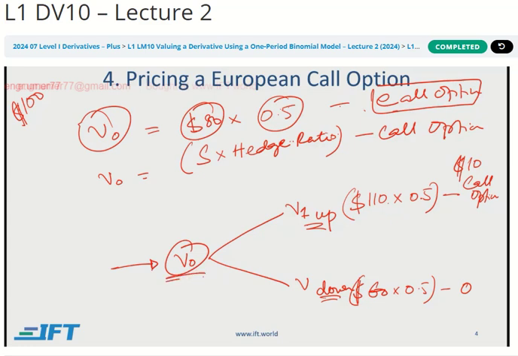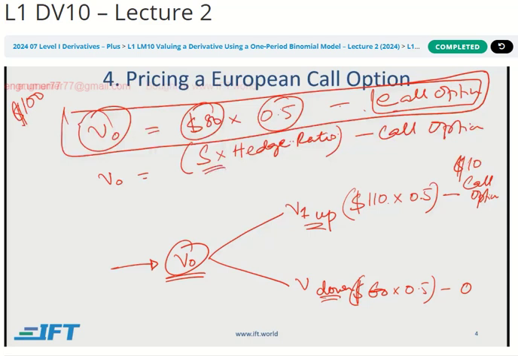And why we are interested in finding out the value today is because this equation, which is the value today, is equal to the spot price today multiplied by the hedge ratio minus the call option value today. So if we can somehow find out the value today, then we can solve for the call option value.